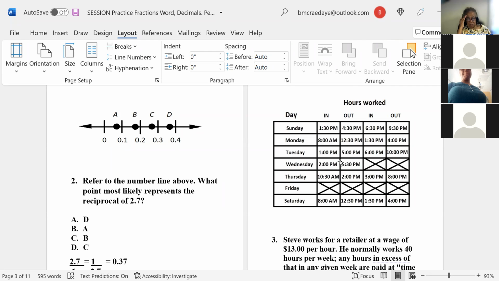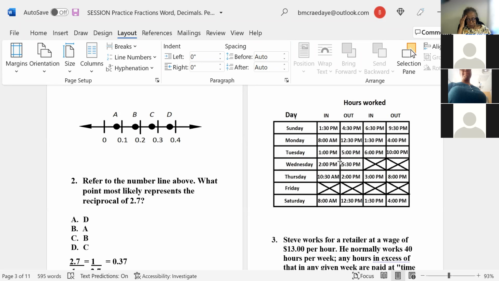Yes, plus 5 is 8.5. That's right. 11:30, 12:30, 1:30 is 3 hours. Then 1:30 to 2 is another half hour. So Thursday is 8.5 hours total.